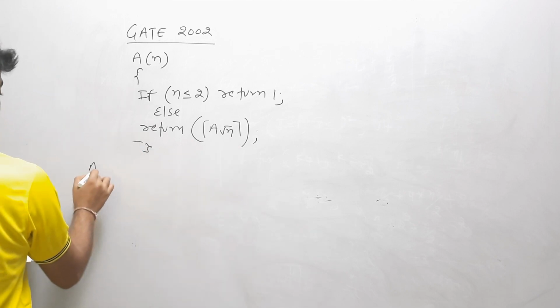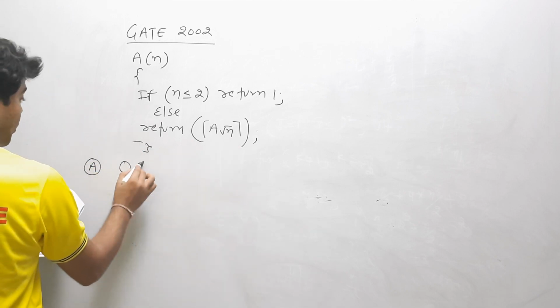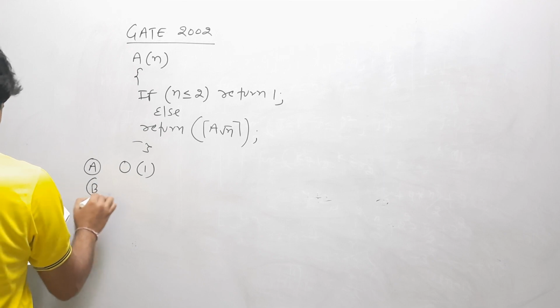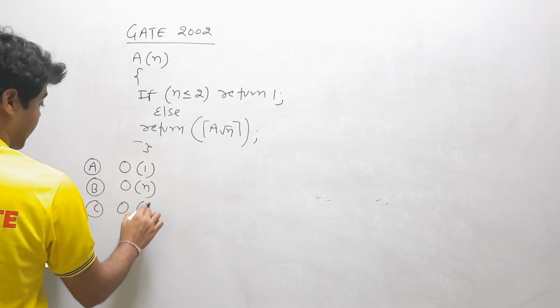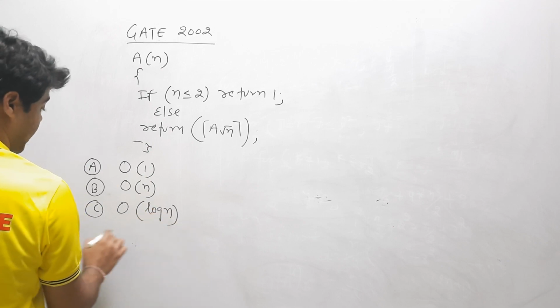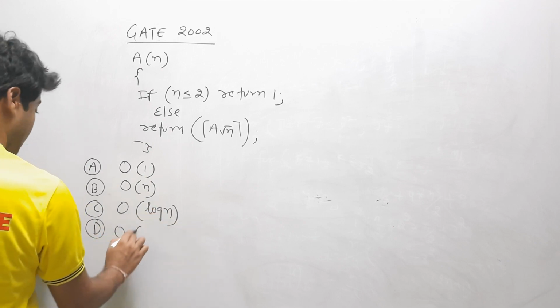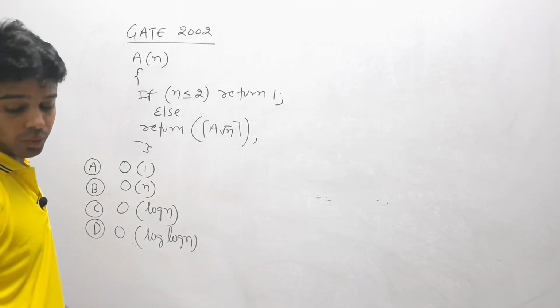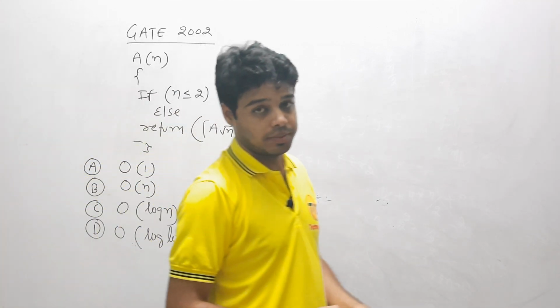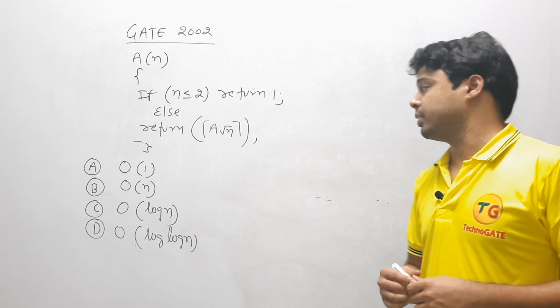These are the options given: A order of 1, B order of n, C order of log n, and D order of log log n. Let's see how to approach this problem.